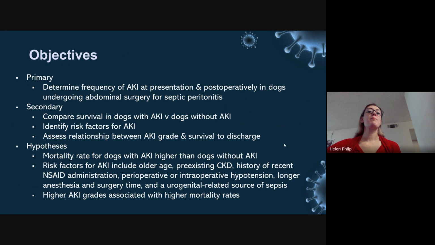They expect that the mortality rate for dogs with AKI will be higher than dogs without. And they list a number of risk factors they expect will promote AKI. And also that higher AKI grades are likely to be associated with higher mortality rates. That's certainly been reported in other veterinary papers. So I think very reasonable.